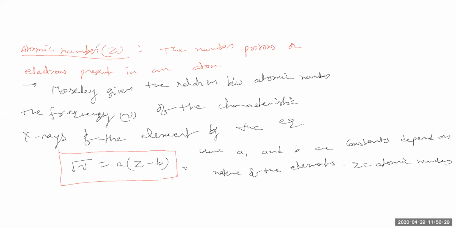Wait, sir, I was writing, 1 minute. Sir, can you go back to the previous page 1 second? Okay, sir. Thank you. Okay, you know atomic number, right? Atomic mass number, you don't know.